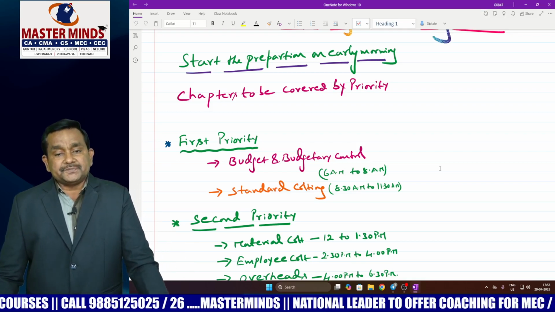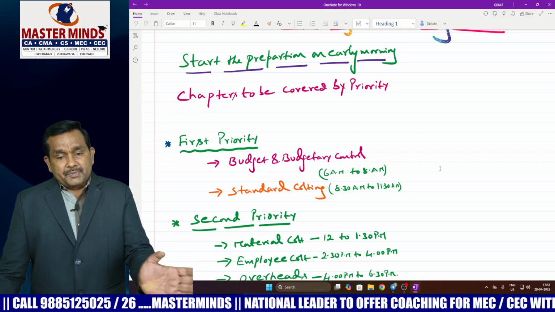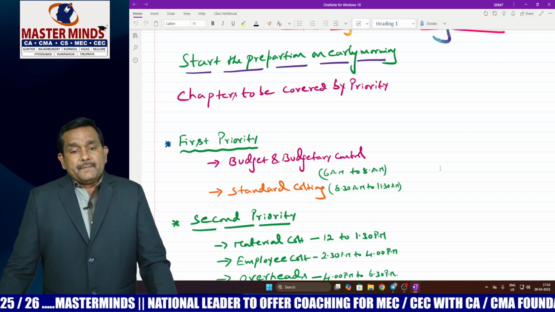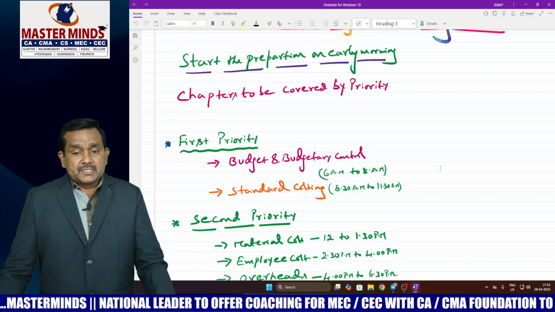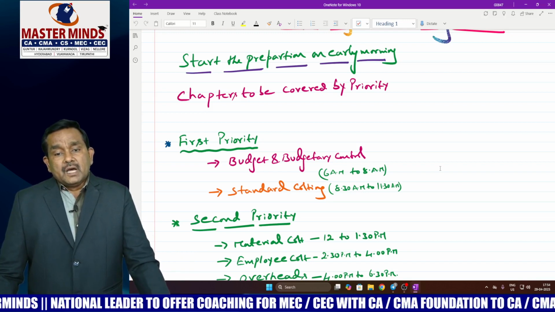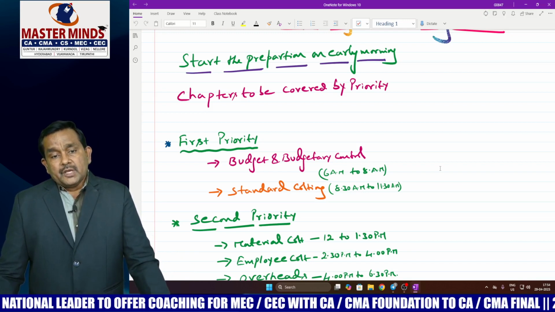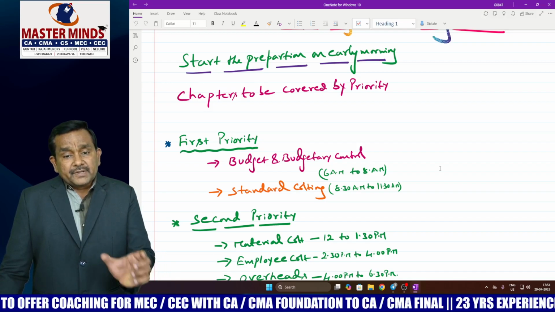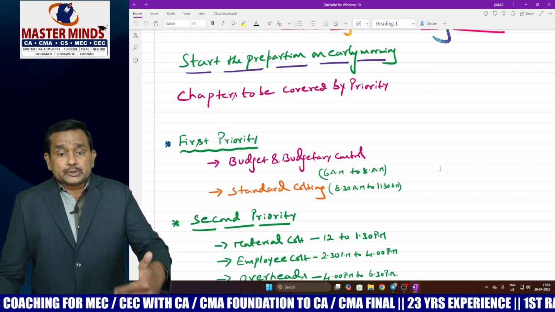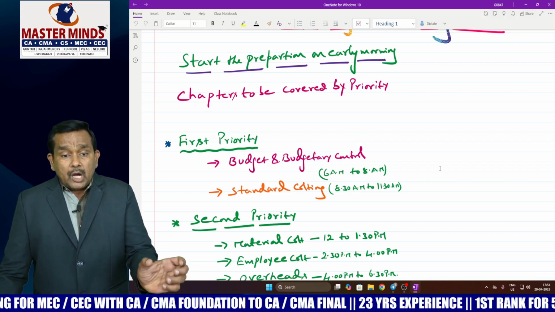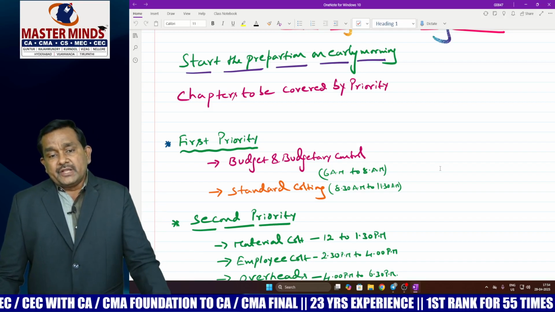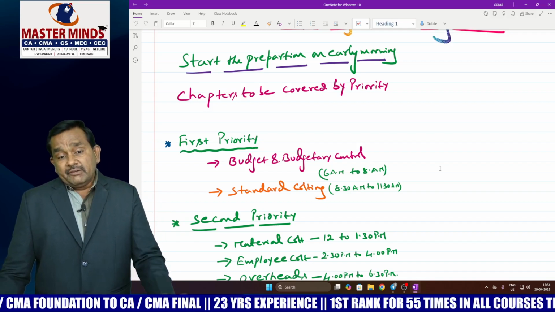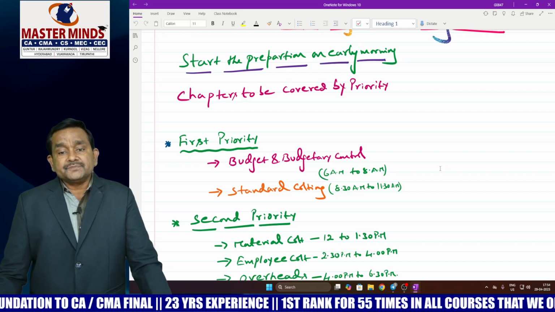For the preparation of the sales budget, the equation. Next, for the raw material consumption budget, the equation, and for the raw material purchase budget, the equation. So, equations are very important. Before going to the preparation of a budget, how to write the script is very important, sir. The script point is nothing but the equation.